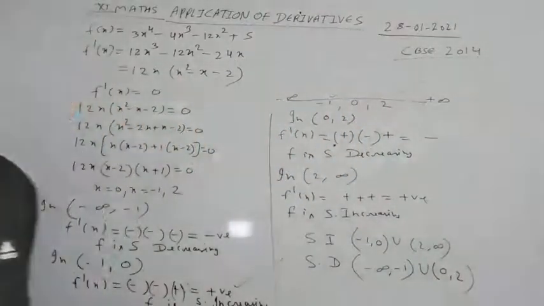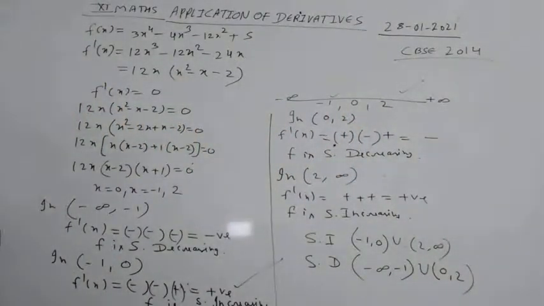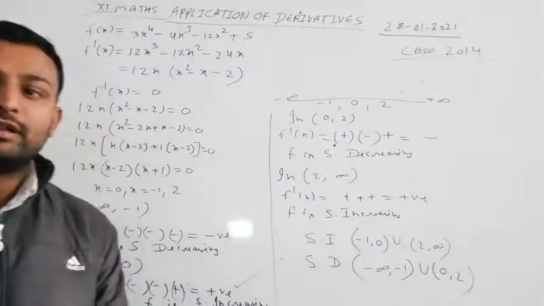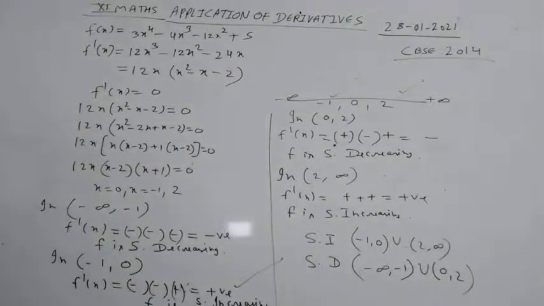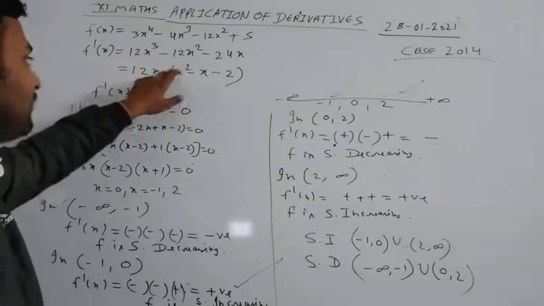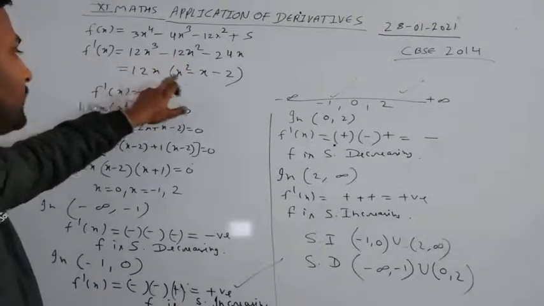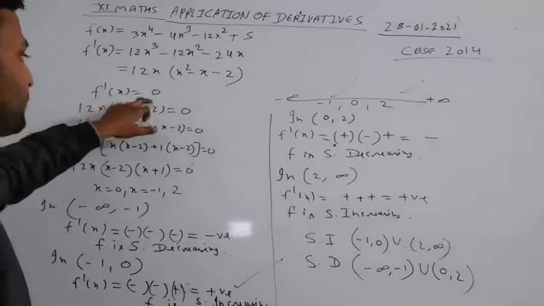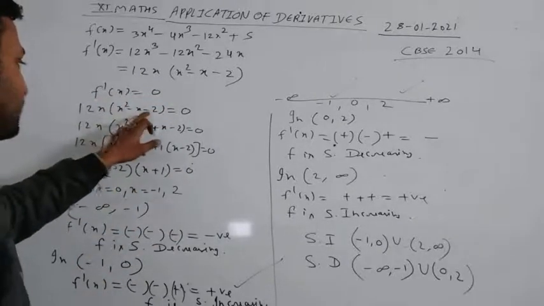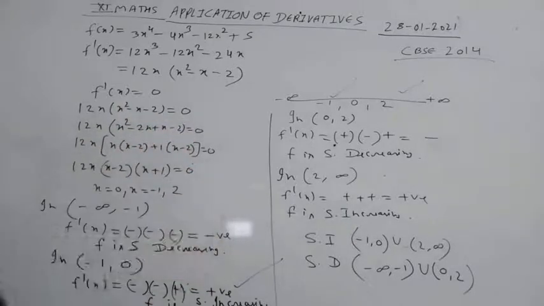In this way, we can find the intervals in which the function is strictly decreasing and strictly increasing. I hope you understand. First of all, we find the first derivative, take common factors, and equate the first derivative to 0, and we get 12x (x square minus x minus 2) is equal to 0.